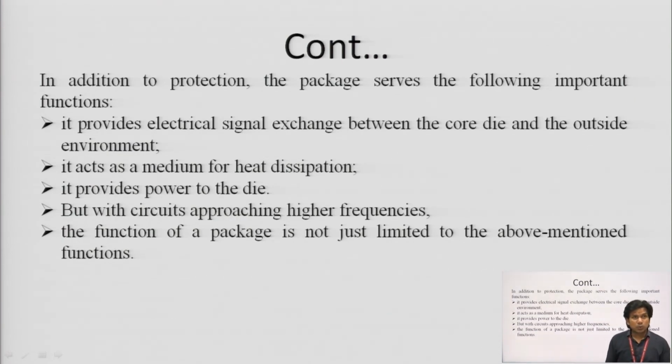In addition to protection, the package also provides different things that we will see one by one. It provides electrical signal exchange between the core die and the outside environment, and it also acts as a medium for heat dissipation. It provides power to the die. These are the different things that we can see here.